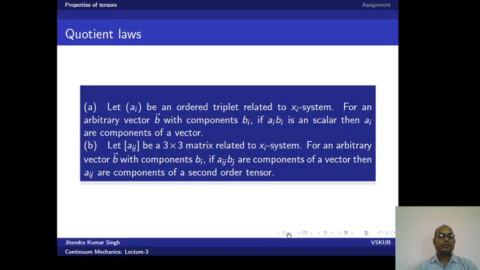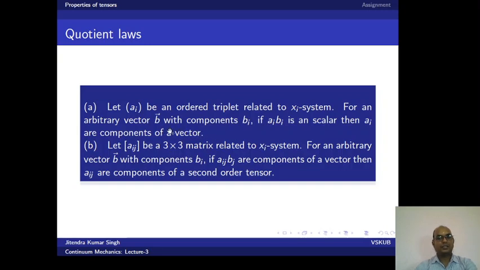Now we are going to discuss another law, called the quotient law. In this law, let a_i be an ordered triplet in the x_i system. Then for an arbitrary vector B with components b_i, if a_i b_i is a scalar, then a_i are components of a vector.